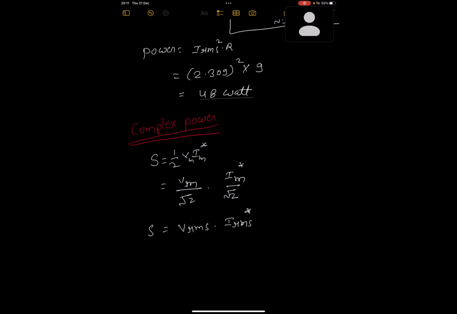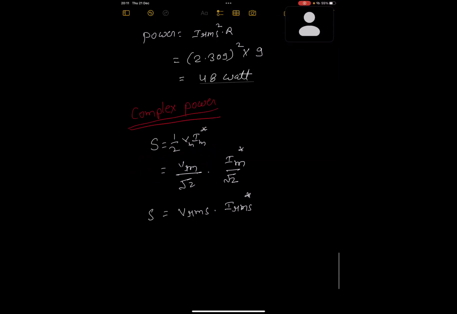Okay. So S is nothing but VRMS IRMS, with omega t replaced by theta V minus theta I. Why theta V minus theta I? Because of the conjugate.